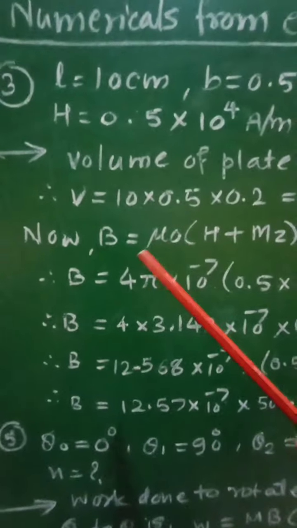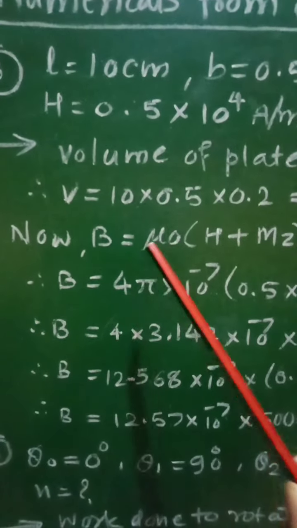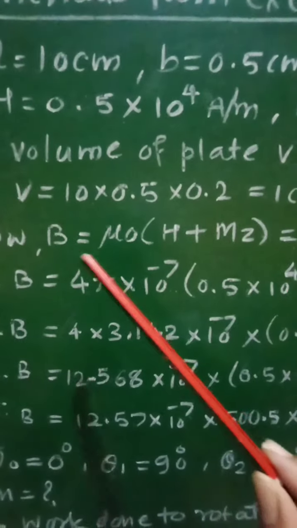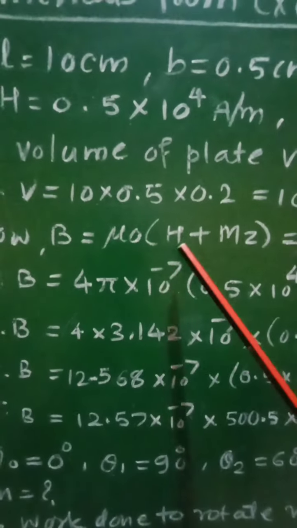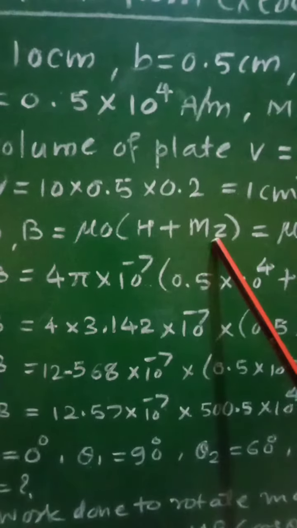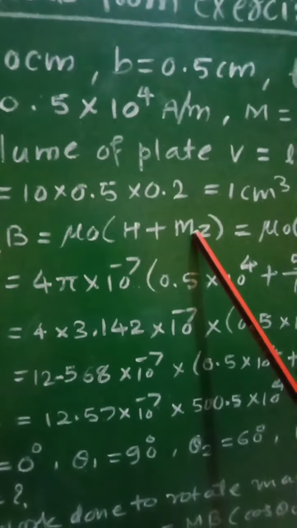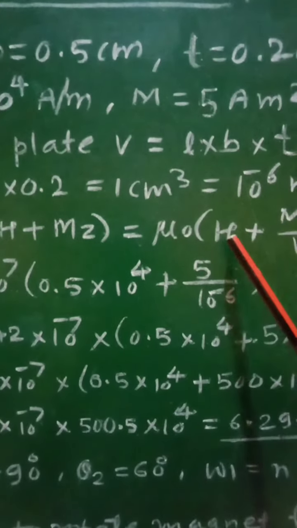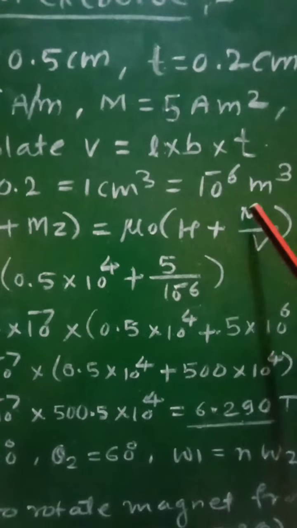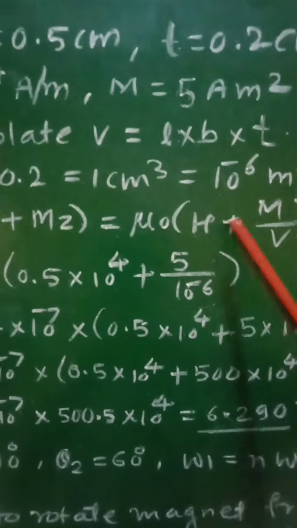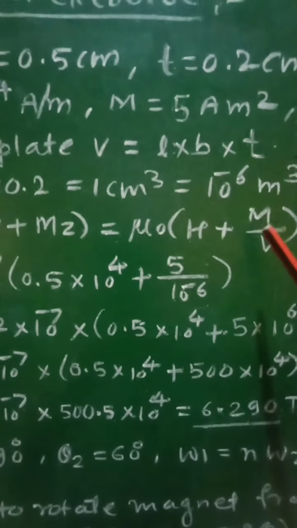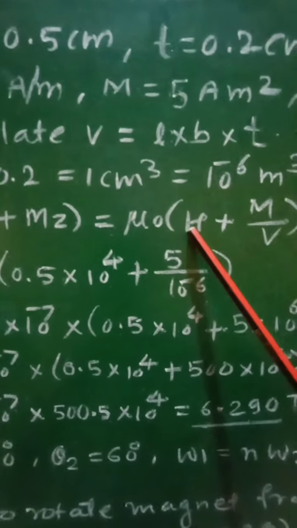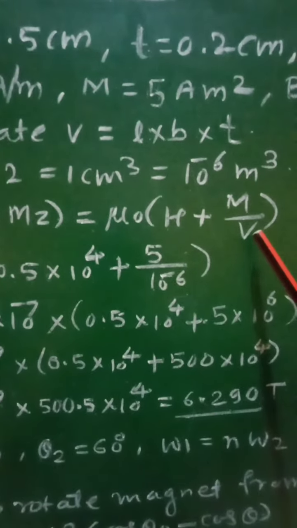Now the magnetic field B is given by the formula B equal to mu 0 into H plus Mz. Here Mz will be written as M by phi, that is magnetization Mz equal to M by phi, and therefore the formula will be B equal to mu 0 into H plus M by phi.